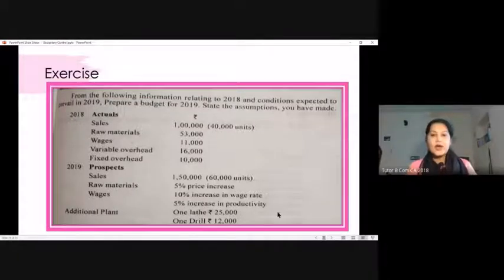5% increase in productivity, and again, what I have to remember here is they have gone with one more plant of 25,000 and a drill of 12,000. So there is a new plant purchase. If you want, you can also accommodate for depreciation, because generally when there is a plant, we also accommodate for the depreciation that is going to happen in that particular year as one of your expenses.